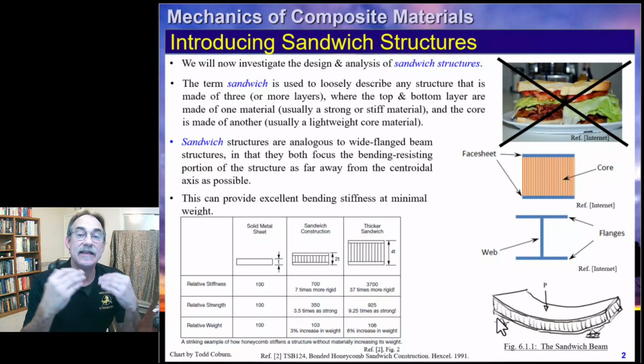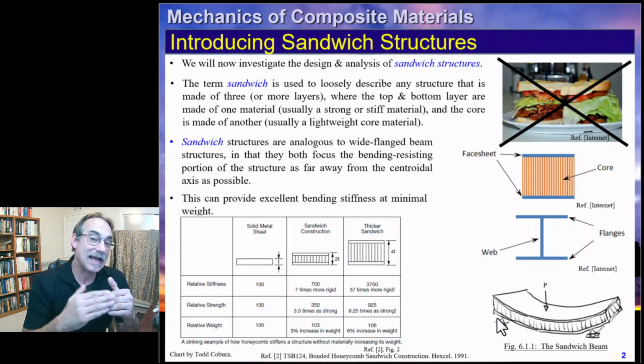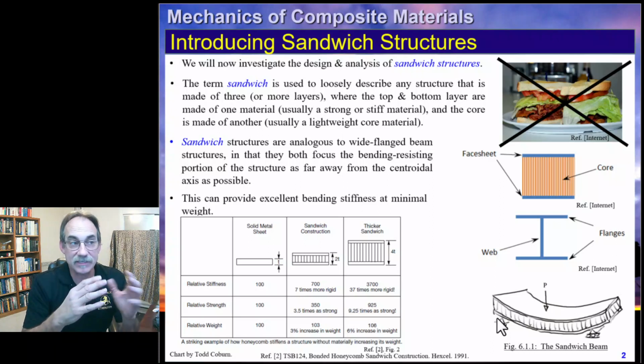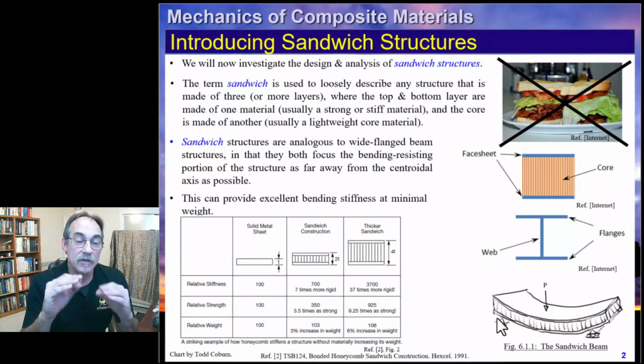This gives you a feel for the kind of payback we can get from these structures. And here's a little sketch of a typical sandwich beam. We'll be focusing in on that in a moment. You got those basic ideas? The basic idea here is we're building a bending beam.